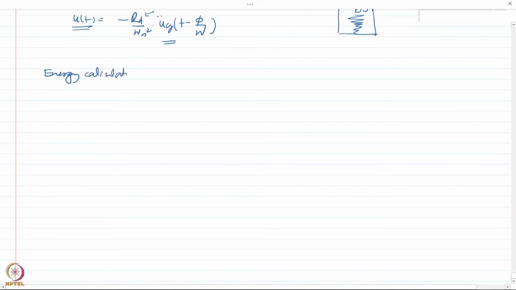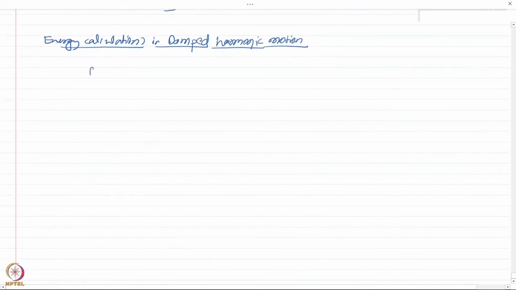Now let us move on to the final topic of this chapter, which is energy calculations in damped harmonic motion. We know that for viscous damping, we represented the damping force FD as C times the velocity u dot.